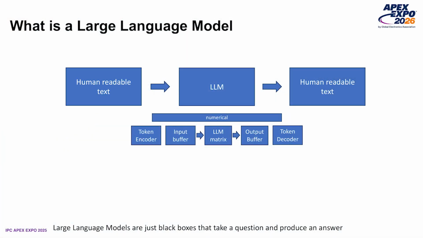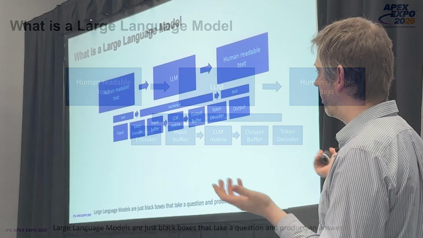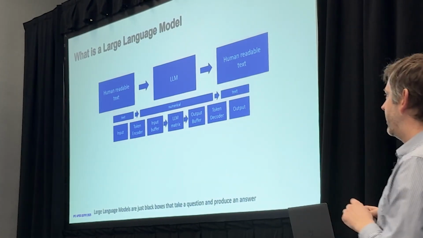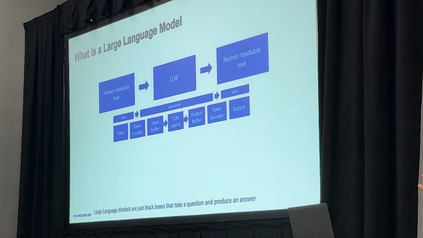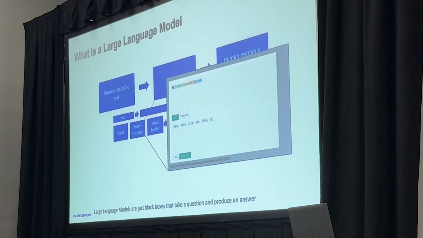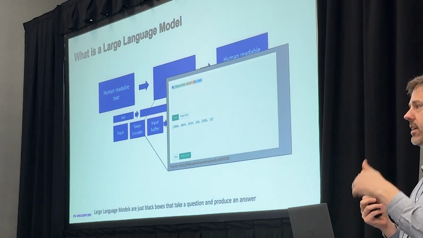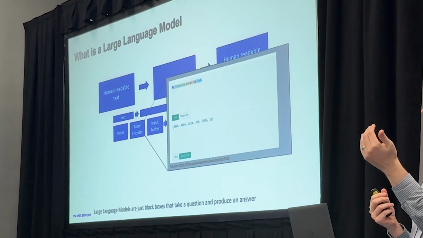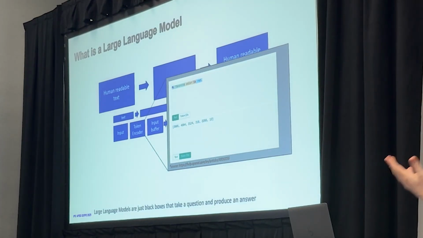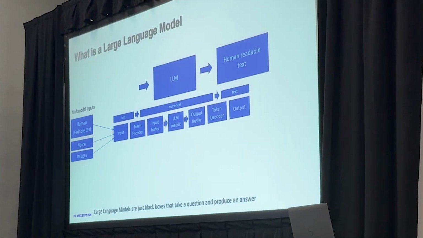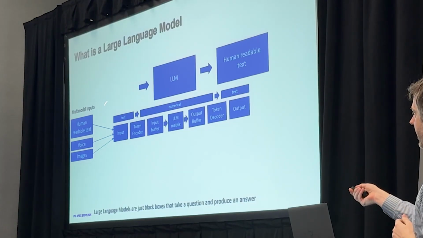But one of the interesting things is that when they got started, the term large language model was based on the assumption that they're working on text only, on language. But if you're encoding things as numbers, then the large language model doesn't actually know if it came from text or audio or a picture. And so there was this next wave of innovation where they started playing with different kinds of inputs.